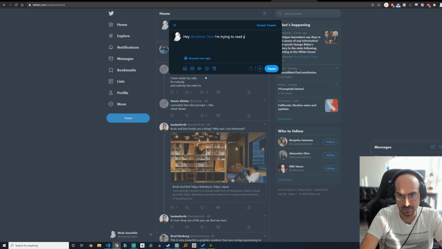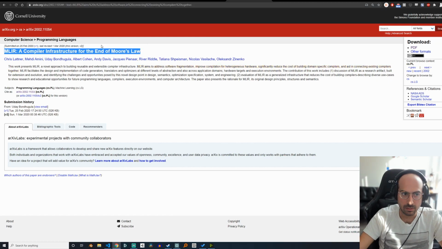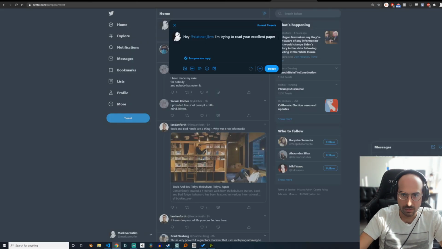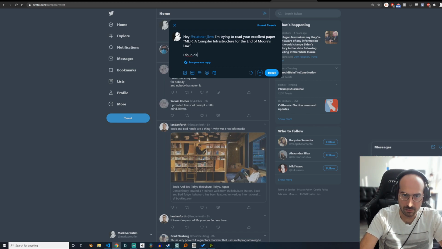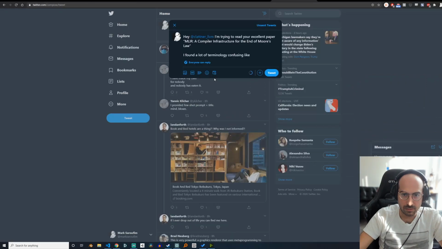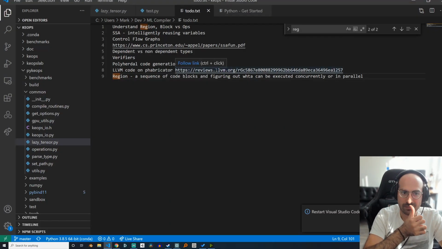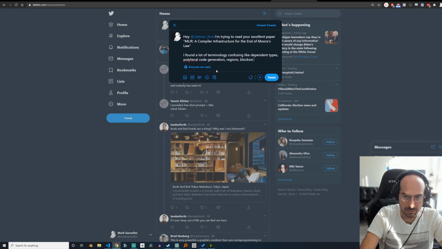Trying to... Found a lot of terminology using dependent types, polyhedral, code generation, regions, blocks, verifiers.